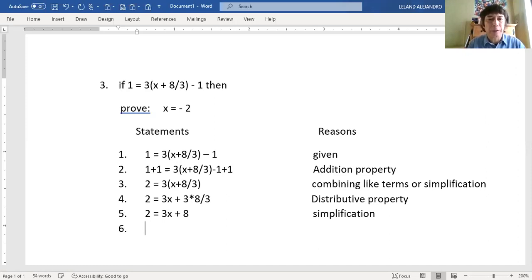And for the next line, we will apply subtraction property. 2 minus 8 is equal to 3x plus 8, and then minus 8. There. And this is now subtraction property. There. And this gives us negative 6 equals 3x. That's combining like terms.